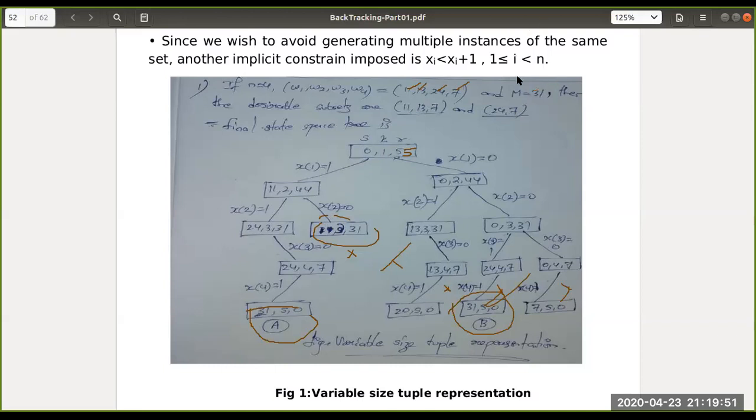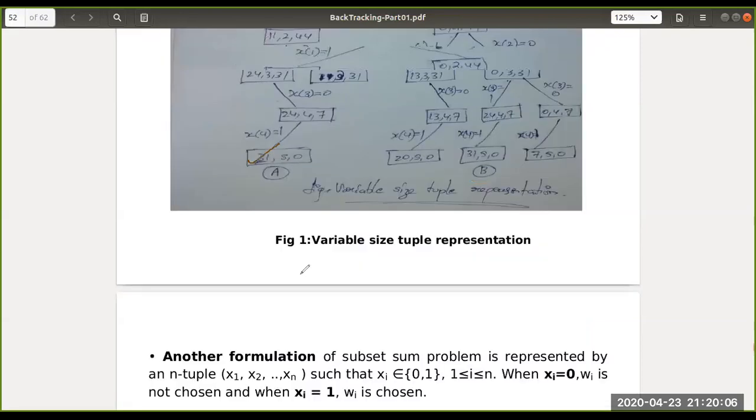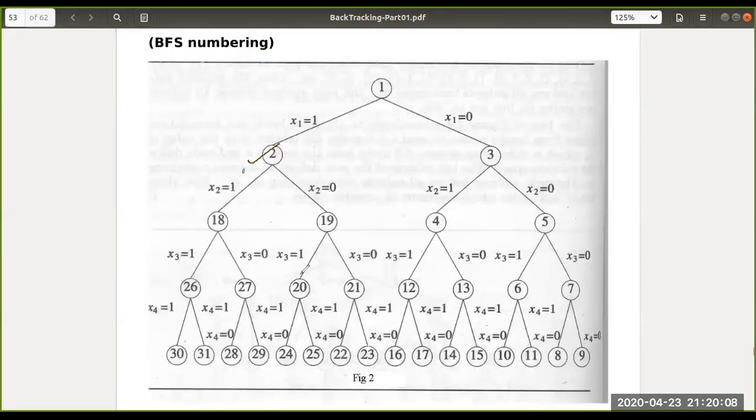So from the exam point of view, they will ask you, and the variable size tuple representation is the better one to construct. For the 4 items, either we can construct with the variable size tuple or the fixed size state space tree. We can also construct this fixed size only for a limit of 4 items.